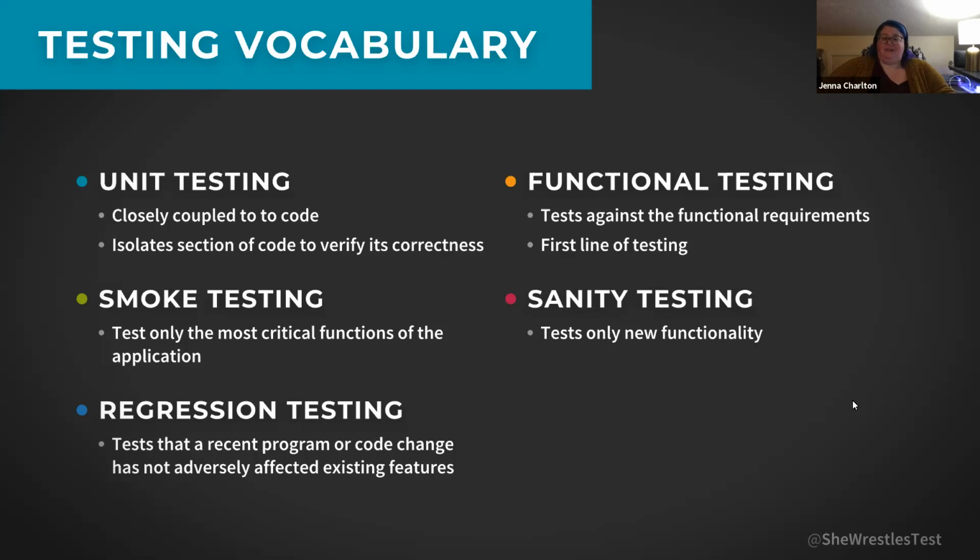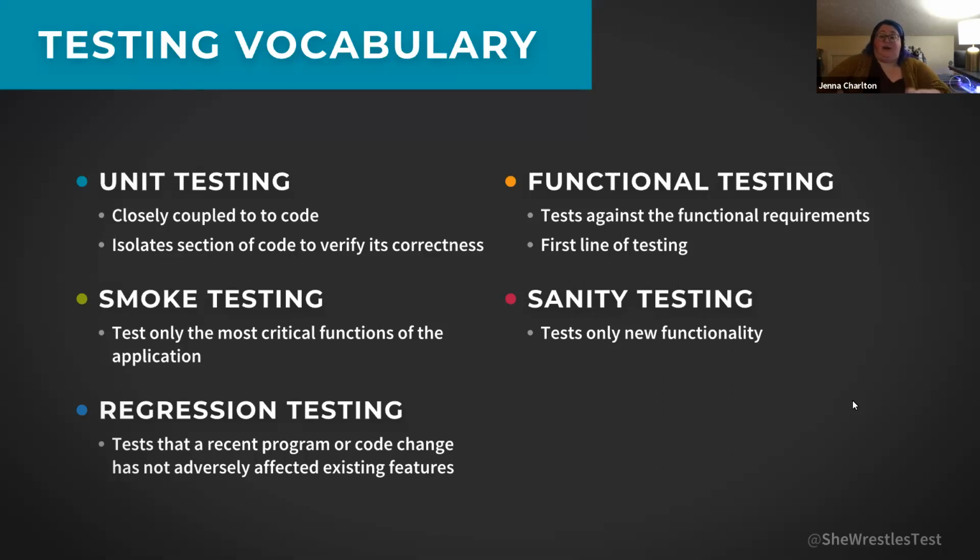It wasn't until I took this ISTQB program and actually had to learn this the official way that I realized that we use the term regression testing as this catch-all. Everybody's like, well, I built this new thing, so I need to do regression. Well, no, that's not actually regression testing. What regression testing actually is, is making sure that when we build something new into an application, we haven't backslid.